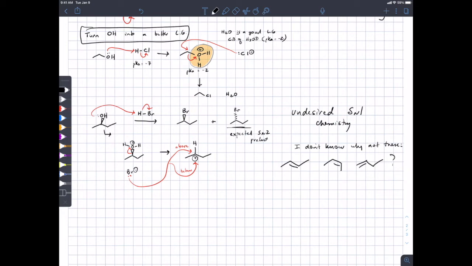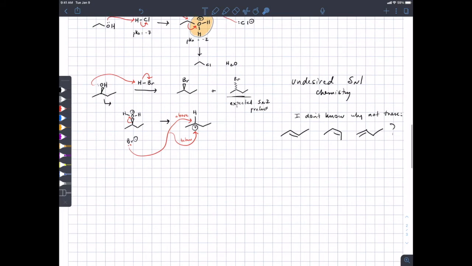So we'll accept the fact that the reaction isn't useful because it does go through a carbocationic intermediate, and we'll put on the shelf why we don't see these. Someday, if you're in a lab and you decide to try this reaction against your better judgment, because I told you it was a bad reaction, and if you see elimination products, you won't be surprised. You'll say, oh, those are alternatives from the carbocationic intermediate. Okay.